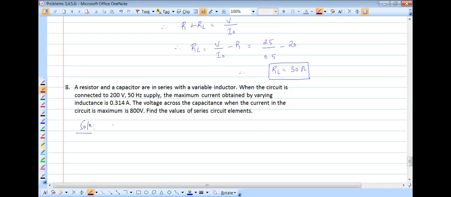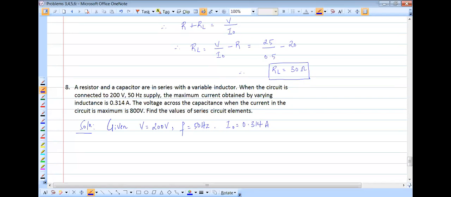What's given? Voltage applied is 200 volts. The frequency is 50 hertz. And the maximum current obtained is I naught equal to 0.314 amps.